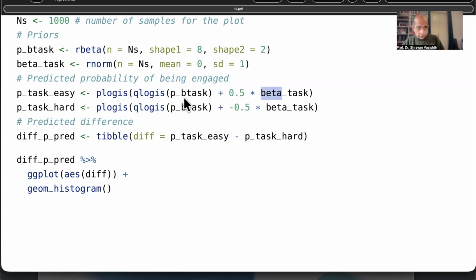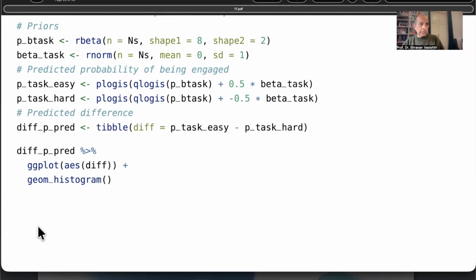So now we are in log odds space here, okay? There'll be 1000 values of beta here multiplied with 0.5. And then we pass the whole thing through the plogis function, which gives us back the corresponding probabilities for each of the 1000 rows in the data frame. We do this for the easy condition, and for the hard condition, right? Same setup, except that we have minus 0.5 because of the contrast coding for hard and easy. Okay, so this is how one ends up producing 1000 probabilities corresponding to every row in the data frame.